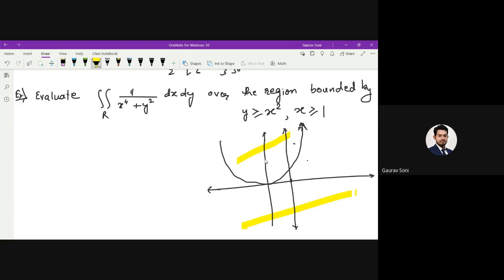If I take a point on the y-axis, say 0, 1, this area is satisfying my inequality, right? So it is inside the parabola, and x is greater than or equal to 1, so it is ahead of this line x equal to 1. So my area is this.